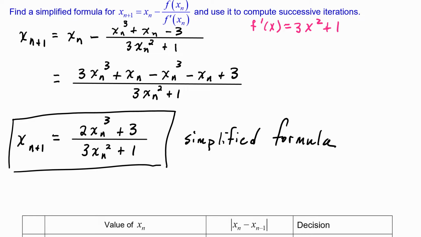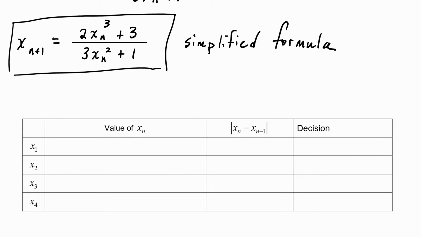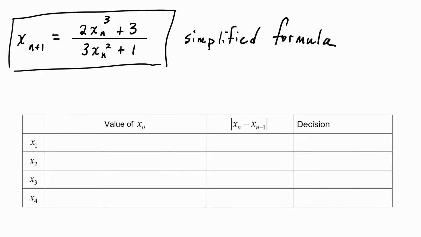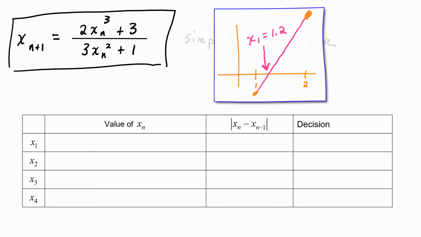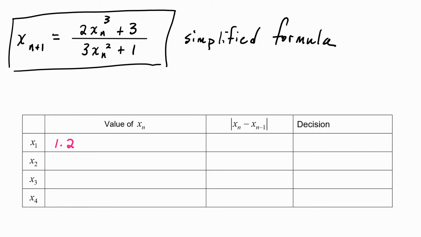Now we will use this formula and get successive iterations for the x_n values. Remember, we said we are going to start with our original guess of letting x1 equal 1.2. Now, when you're using your calculator, I strongly suggest that you go ahead and store this into memory location A, and then we will do this calculation.